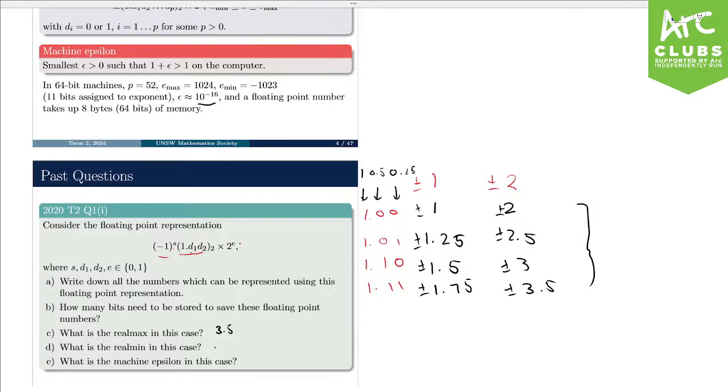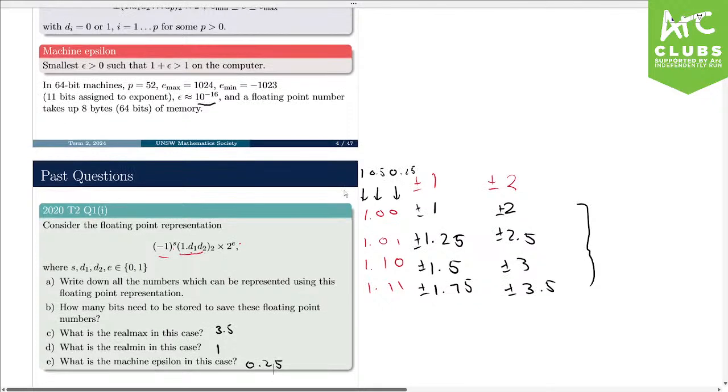Here that would be 1. And machine epsilon here: epsilon is the difference between 1 and the next number after 1. So that would be the difference between 1 and 1.25. So machine epsilon here will be 0.25.